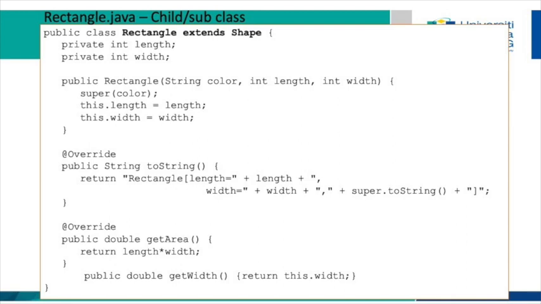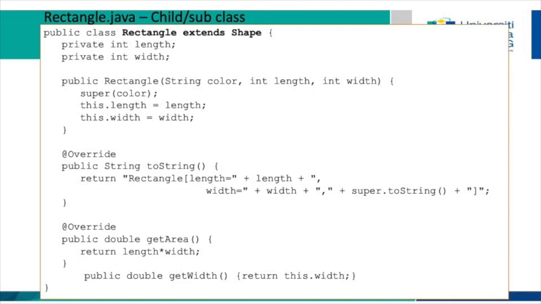Previously, that's how the parent class, which is the Shape class, was created, and this is the Rectangle class, the child class that will extend Shape. You can see in one of the methods, the last method here, public double getArea, it returns length times width.